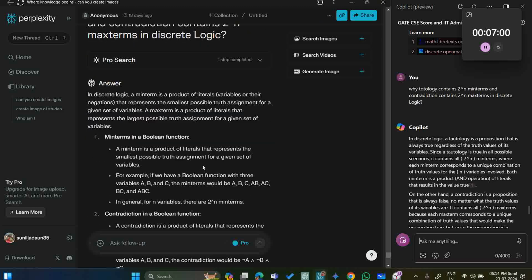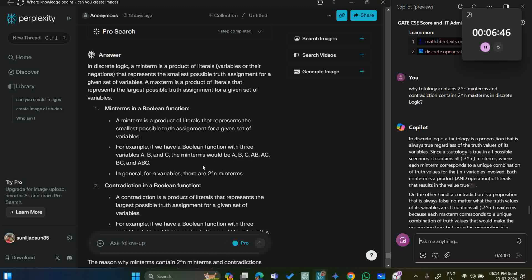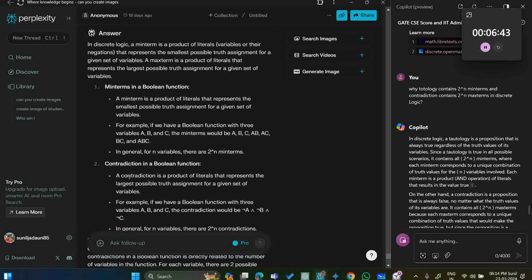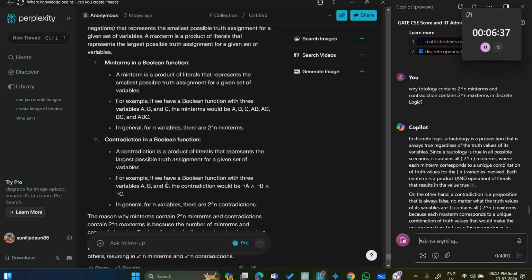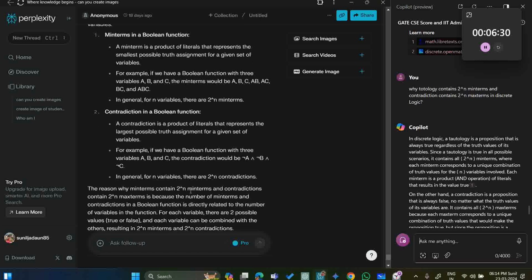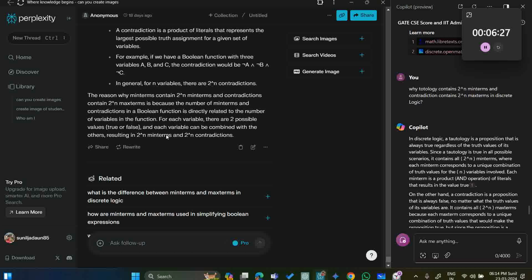A minterm is a product of literals that represents the smallest possible truth assignment for a given set of variables. For example, if we have a Boolean function with three variables a, b, c, and like this, in general, for n variables there are 2^n minterms. A contradiction is a product of literals that represents the largest possible truth assignment for a given set of variables. For example, with three variables a, b, and c, the contradiction would be not a and not b and not c.